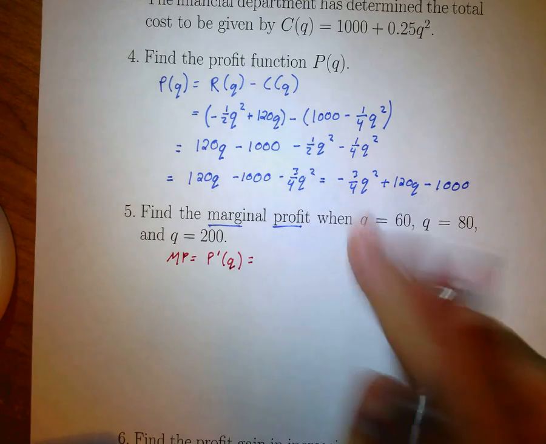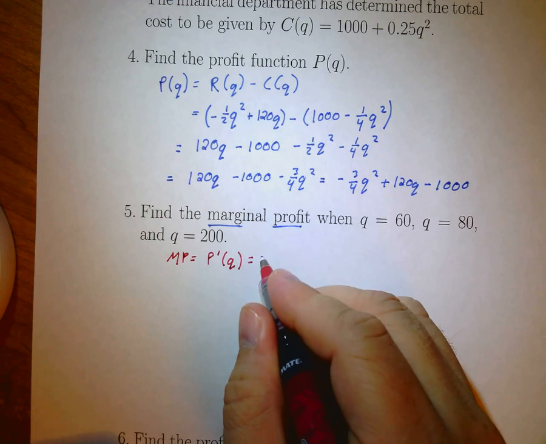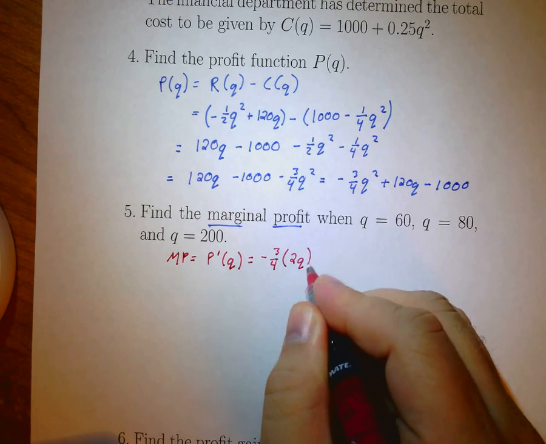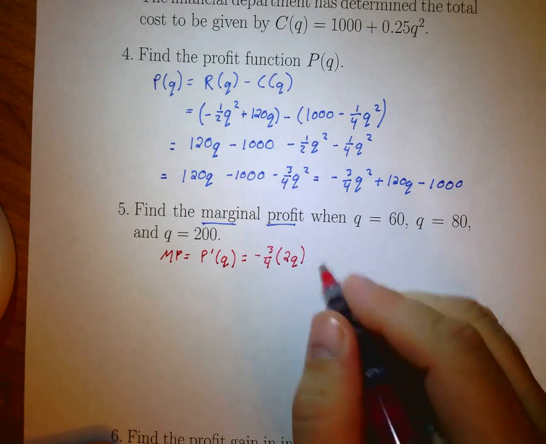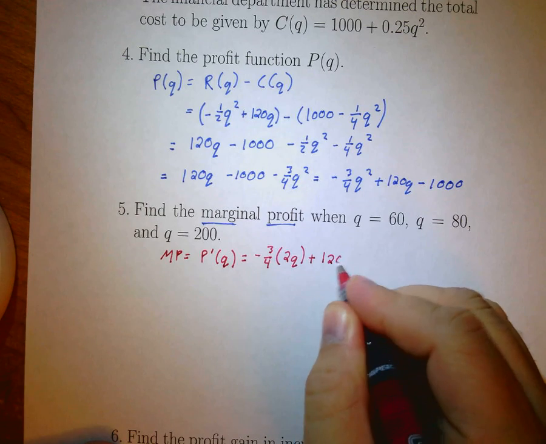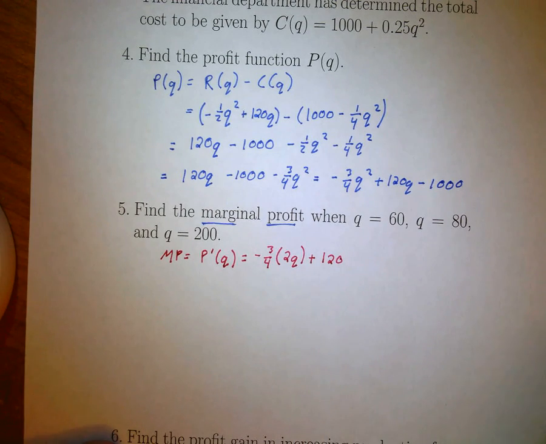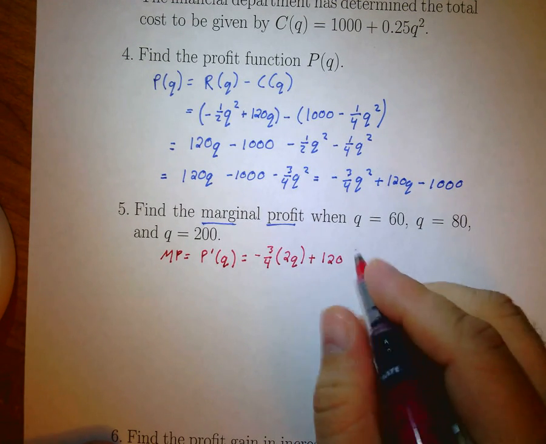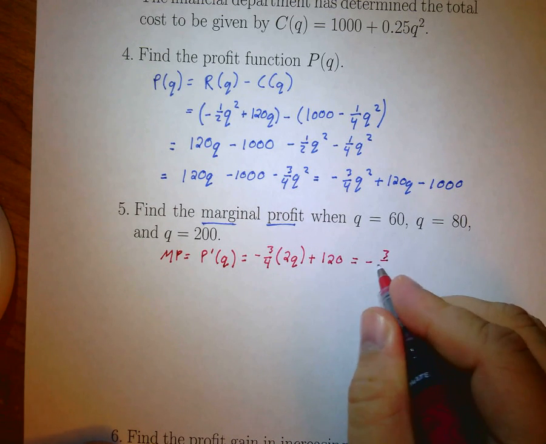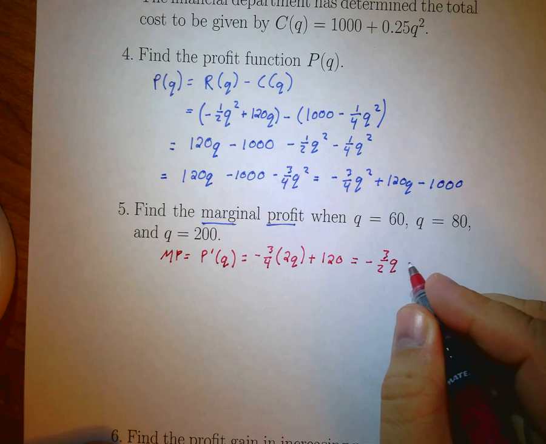That's going to be equal to negative 3/4 times 2q, because the derivative of q squared is just 2q, plus 120. And the derivative of 1000 is simply 0, because it's a constant. So this is going to work out to be negative 3/2 q plus 120.